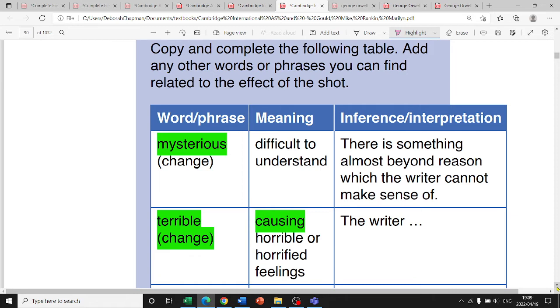So it infers that the writer had this feeling of dread at realization, or the writer's realization of what he has done, perhaps. The writer's feeling of what he has done. You may have your own inferences, and that's what AS level English is all about.